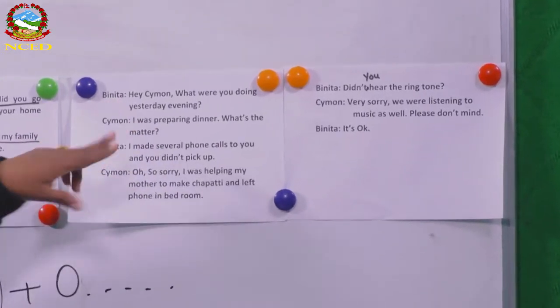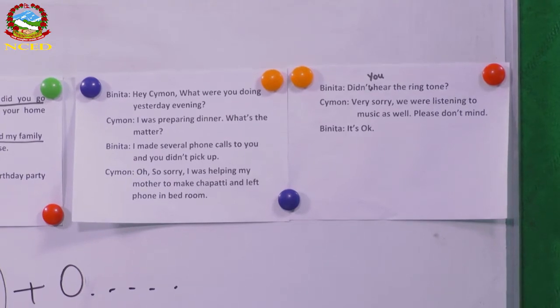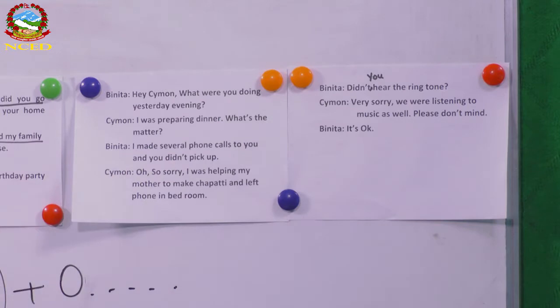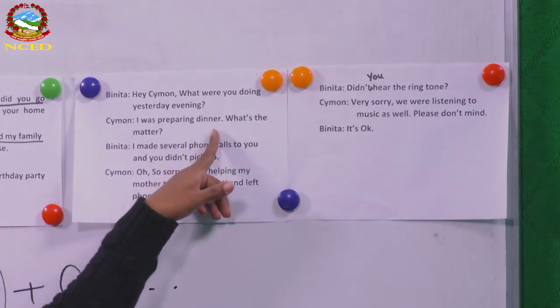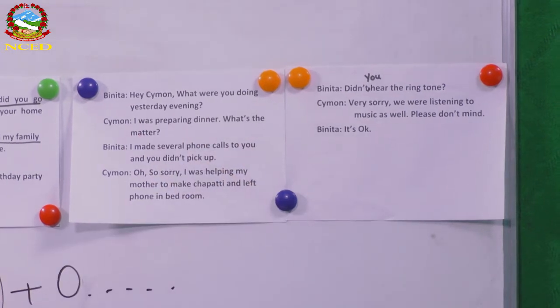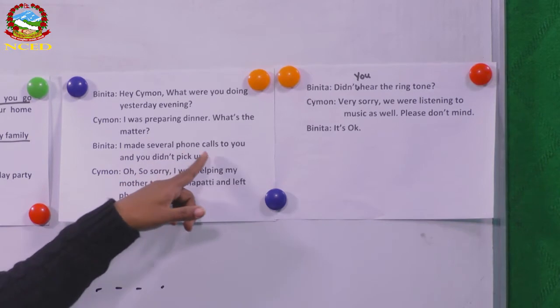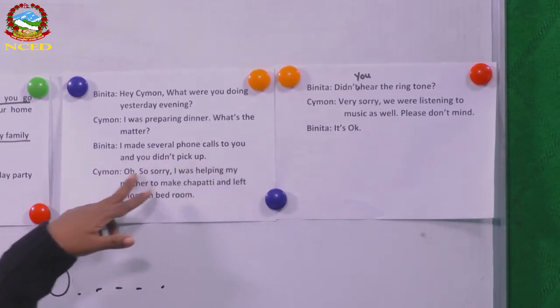This conversation is between Binita and Simon. The two are talking. Binita: Hey Simon, what were you doing yesterday evening? Simon: I was preparing dinner. What's the matter? Binita: I made several phone calls to you and you didn't pick up.